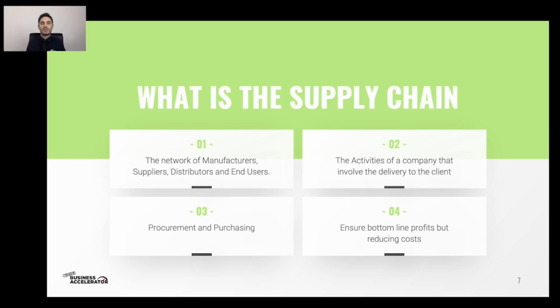Ultimately that's what it's all about in business. We're trying to improve, from a commercial perspective, all of the profits in our business. That should be one of the number one focuses within your business: how to get those net profits, those bottom line profits, as healthy as possible. Understanding your supply chain and improving every element of it is a great way of reducing your costs, so that you're ensuring the healthiest bottom line profits for your company that you can.